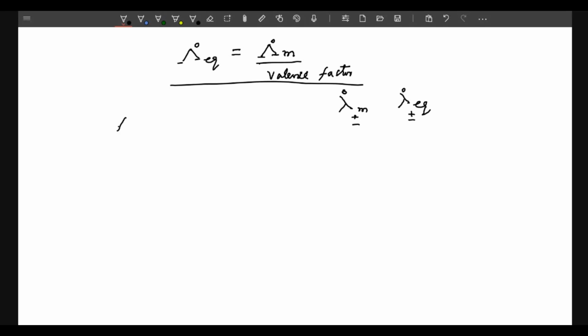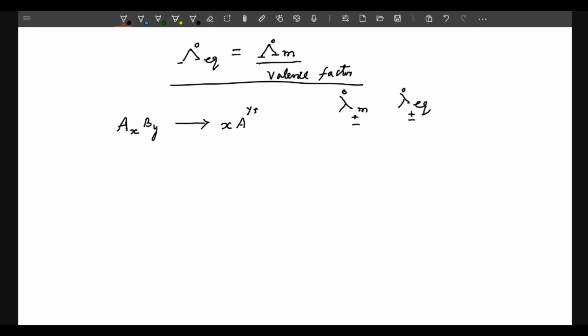Now I am considering a general electrolyte of formula AxBy, giving x number of A ions whose valency would be y plus.